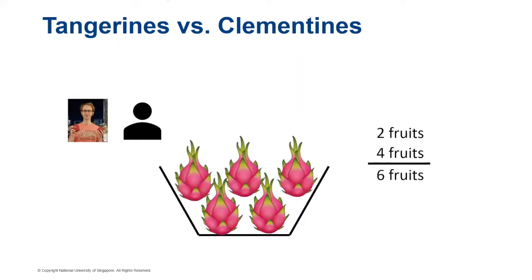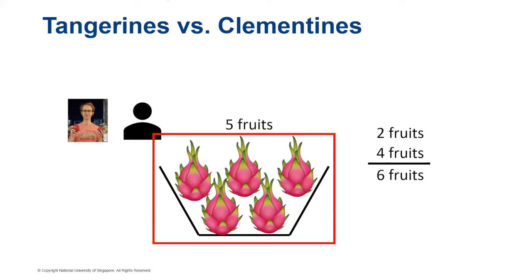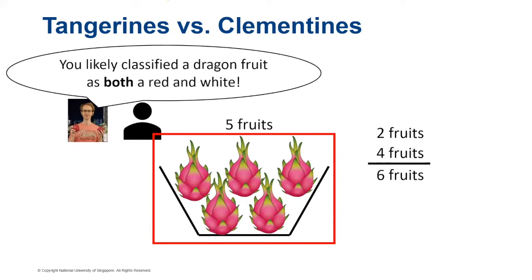And perhaps you already noticed now that in the first round, you brought me 2 dragon fruits, in the second round 4. So over 6 fruits, but there are only 5 fruits in this bowl here, right? Meaning that you likely classified a dragon fruit as being both a red and a white one. And this basically allowed me now to test your understanding without even knowing myself the difference between red and white dragon fruits.